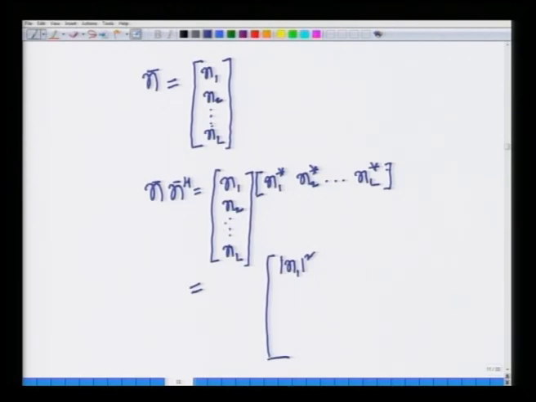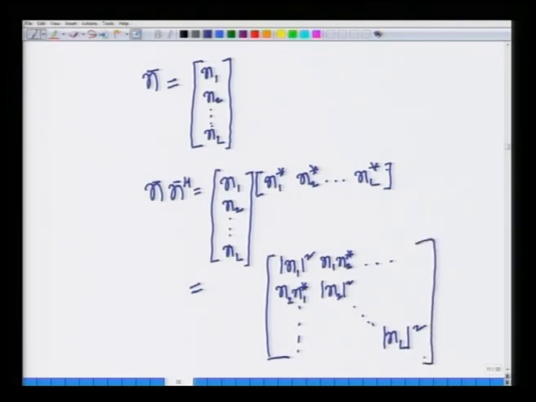Similarly, n2 times n2 conjugate will be on the second row, second column, that is magnitude n2 square. So, the diagonal is magnitude n1 square. The other elements are of the form n2 n1 conjugate, n1 n2 conjugate, and so on, which are precisely the cross terms that we saw.